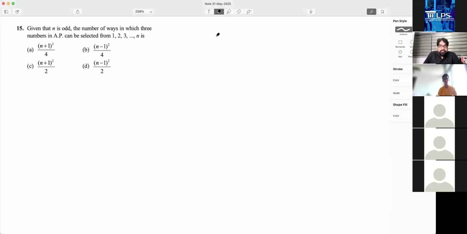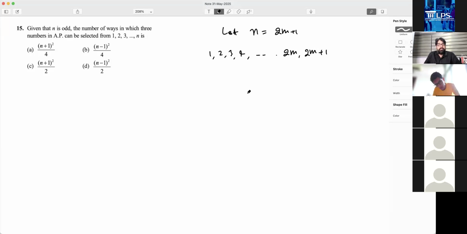Let n equal 2m plus 1, because they are saying n is odd. So your numbers are 1, 2, 3, 4, and so on, till 2m plus 1. These are our numbers. Now the first situation is what? Maybe the common difference is 1.